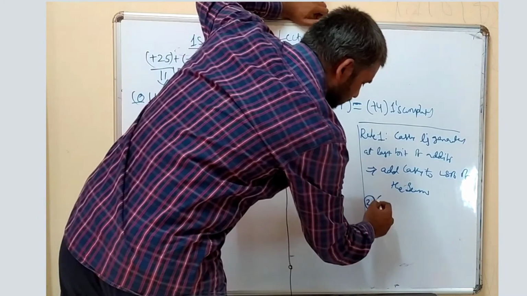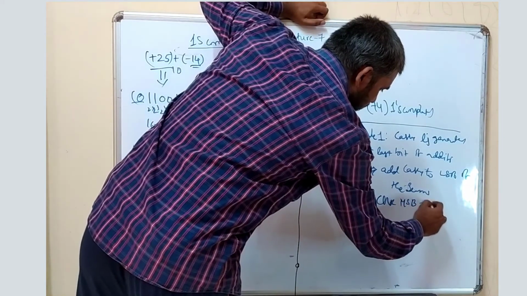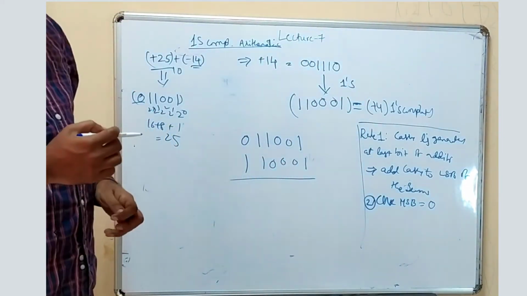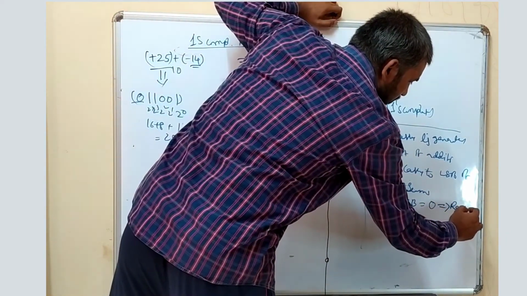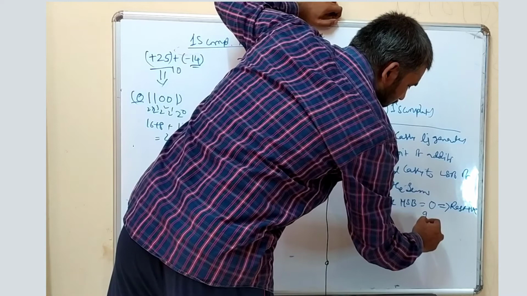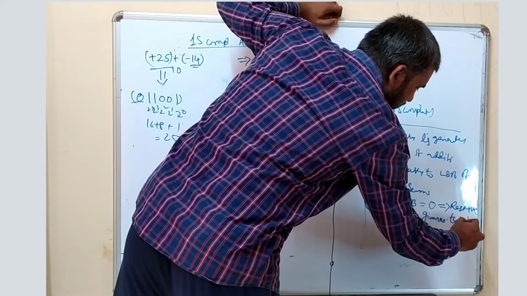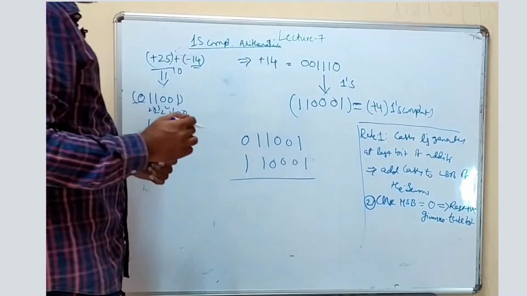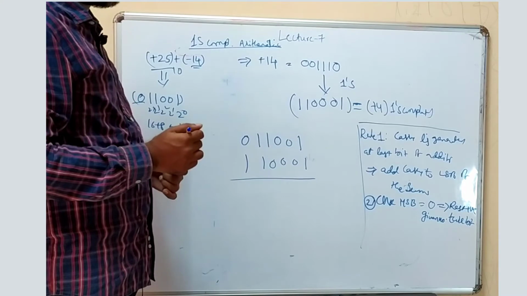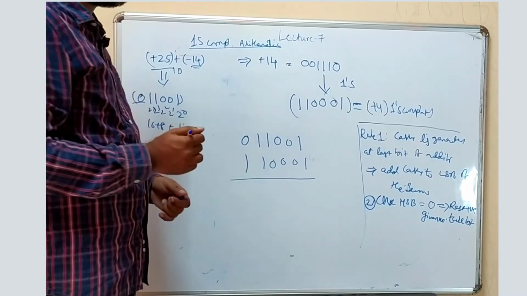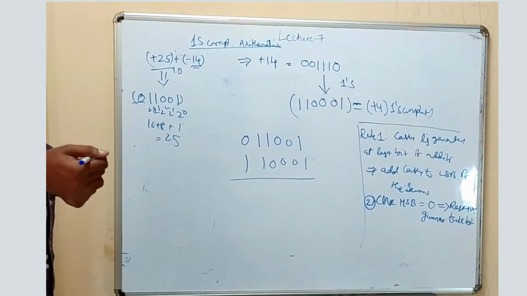And the second rule is, once you have added, check for the MSB. If the MSB is 0, suppose after adding 1 the MSB is 0, the result is positive and the given number is in true binary form. That means we can say that the result is a positive number, and whatever result you got is in true binary form. You don't need to convert it back.